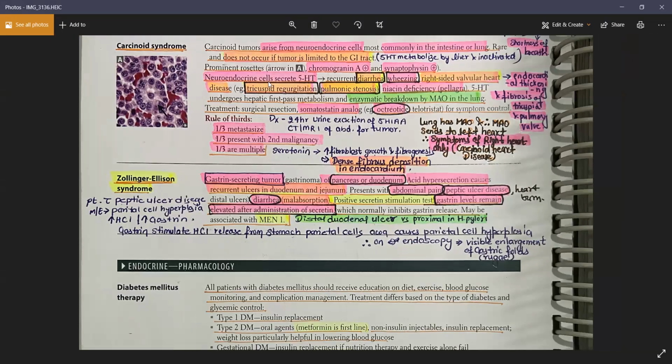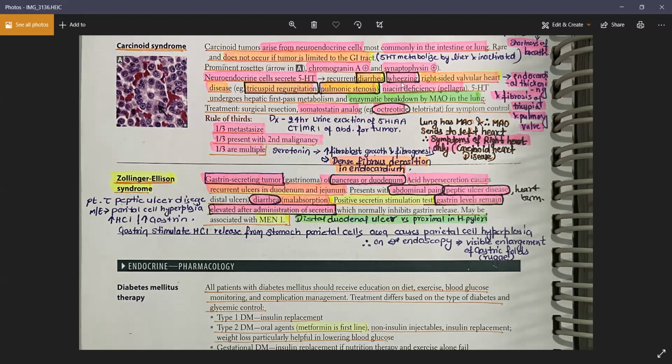These tumors release the 5-HT, which is the serotonin, and because of the serotonin release, it can cause diarrhea, bronchoconstriction, and vasoconstriction also. You can have diarrhea, wheezing, high BP, and it will cause the fibrosis of the complete right side of the heart.